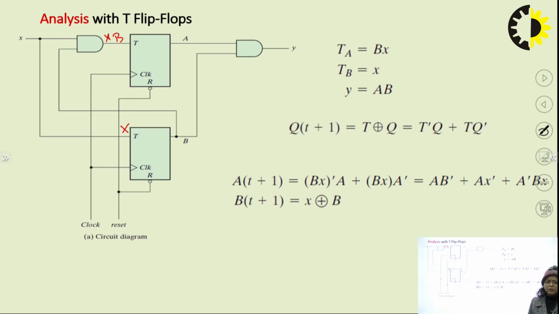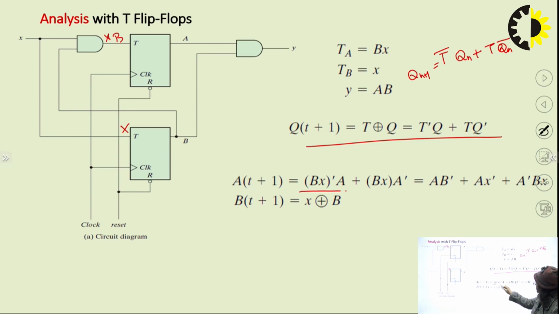For T flip-flop, the characteristic equation is T bar into Qn plus T into Qn bar, that is next state Qn plus 1. So we can find out A(t+1) is equal to (B X) bar into A plus B X into A bar.